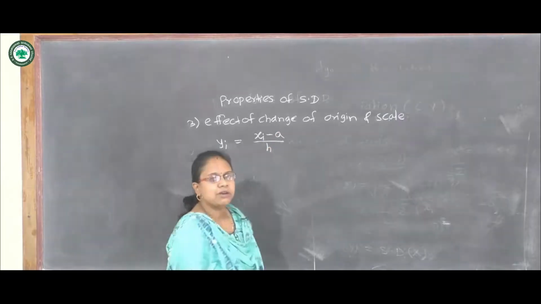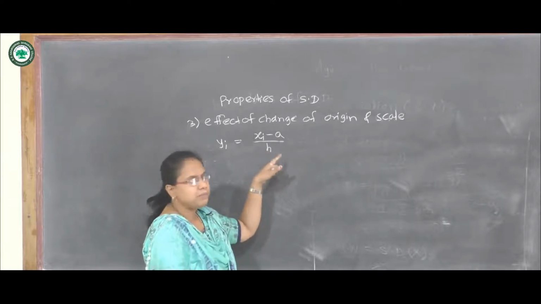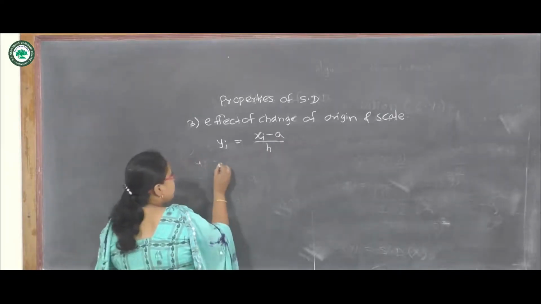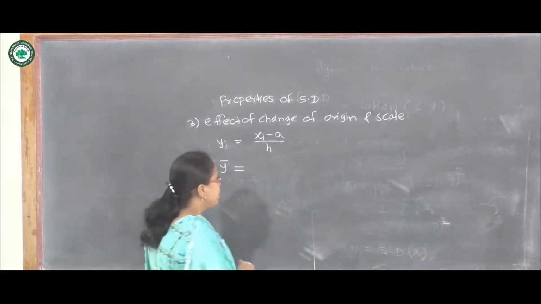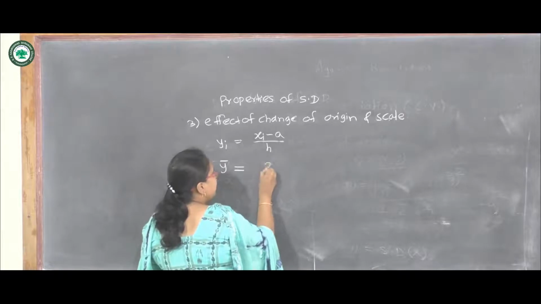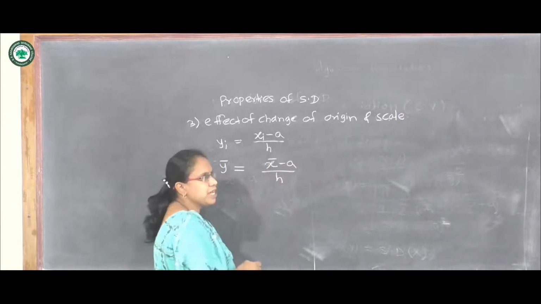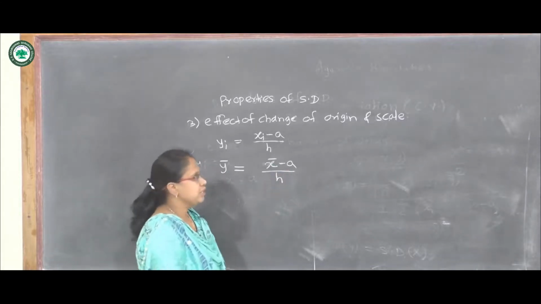Here we have changed the origin by a and we have changed the scale by multiplying by 1 upon h. Then from the property of arithmetic mean, that is property of average, we know that it is affected by change of origin as well as change of scale. So y bar will be (x bar minus a) upon h.